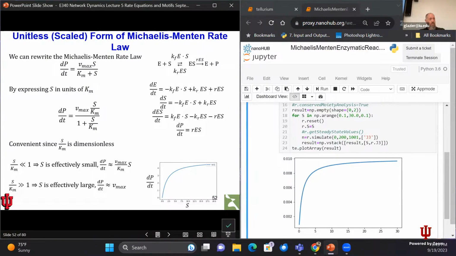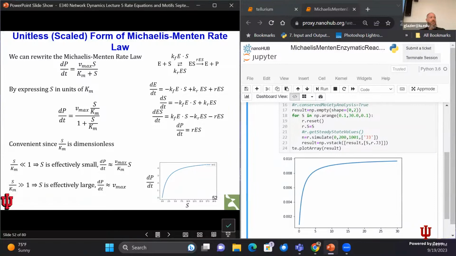In particular, Km has the name of the half-maximal concentration. Km has the units of concentration, clearly because it's adding to S. If S equals Km, the rate is half of its maximal value.